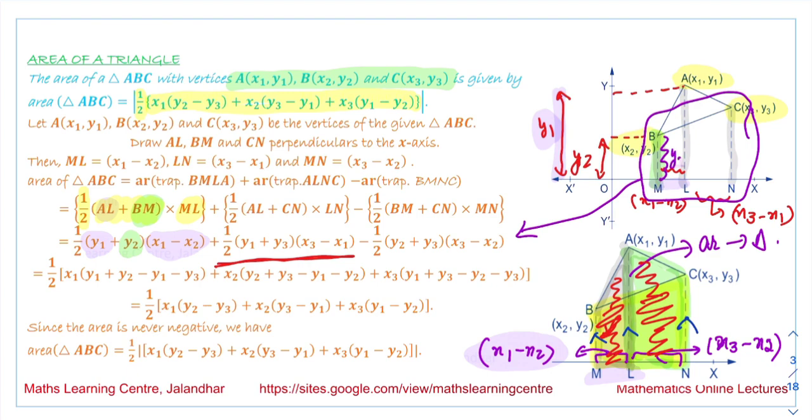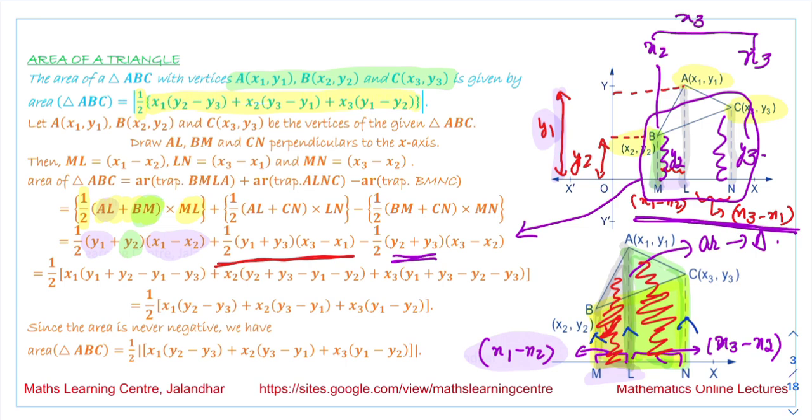This side is y2 and this side is y3, so it is y2 plus y3, and the distance between these two is x3 minus x2. This is the value we are using over here.